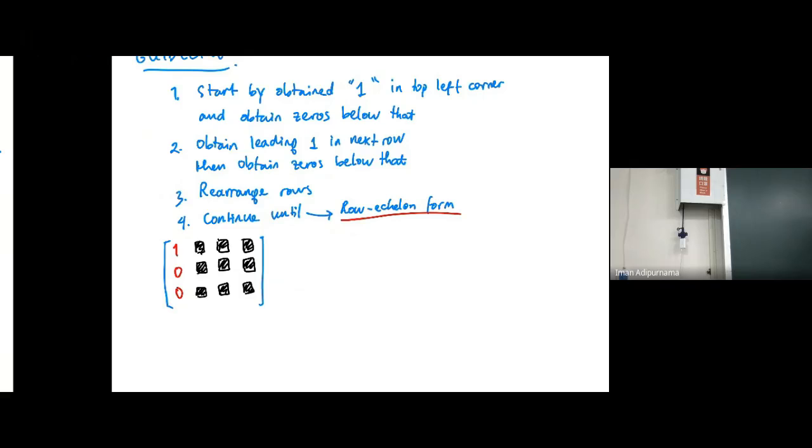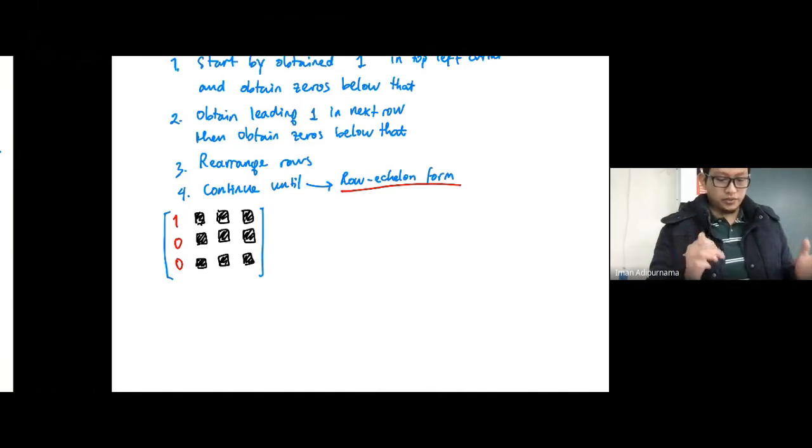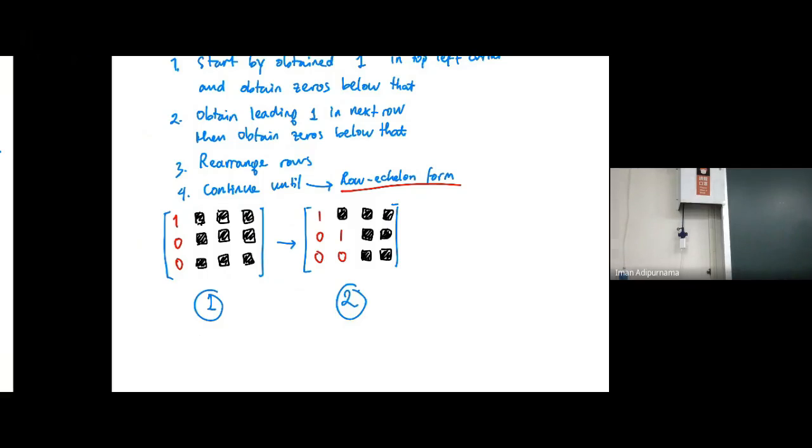So you need to get 1, 0, 0, and then move on to the next step, where we get 1, 0, 0 and 1, 0 here.